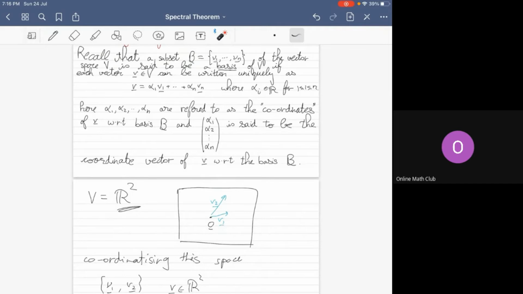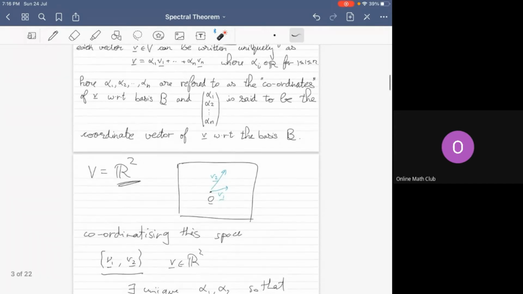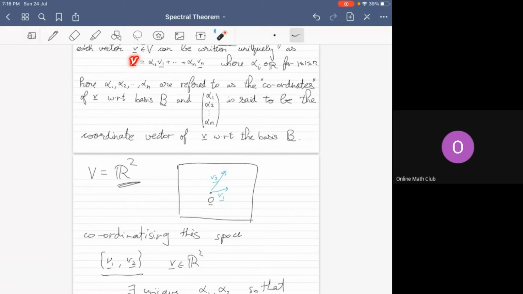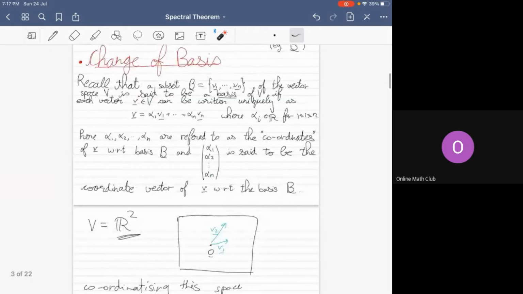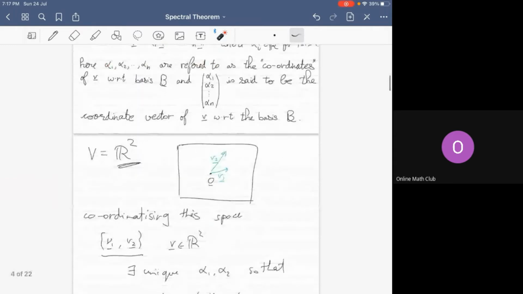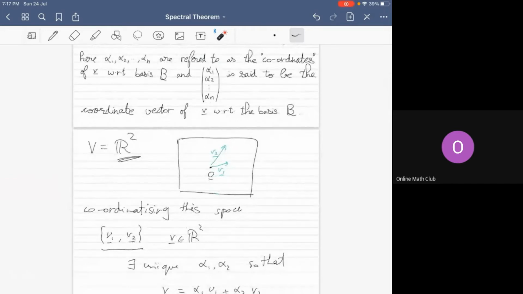If a vector is written as a linear combination of the basis vectors, then these coefficients are the coordinates of V with respect to the basis B. In this case, this will be an ordered basis because the order matters. If we change the order, the coordinates would switch, and we don't want that. And this vector would be called the coordinate vector for V.